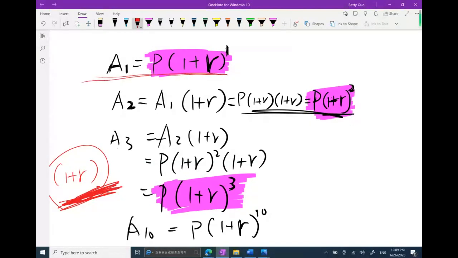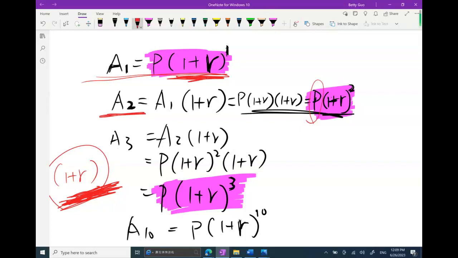So during the first year, your interest is compounded one time, right? Then just multiply the original principal by the compounding factor. If your money stays in the account for 2 years, your interest is compounded twice. Then by the end of year 2, your accumulated balance is simply the original principal multiplied by the compounding factor twice, because your interest is compounded twice.